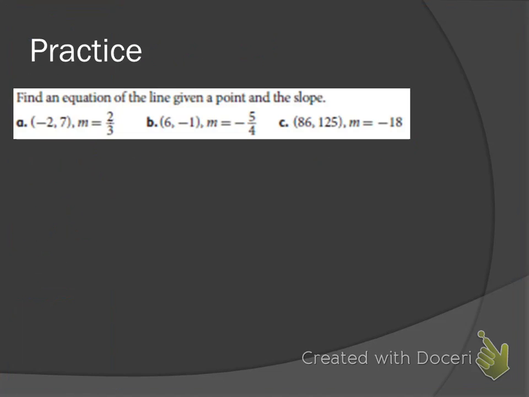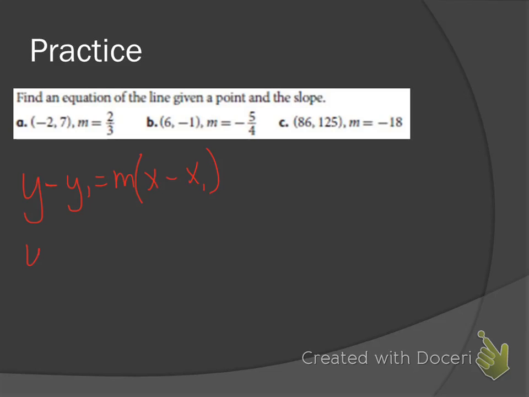Okay, first one here. We're going to find the equation. So here's our first one. So I have y minus y1 equals m parentheses x minus x1.